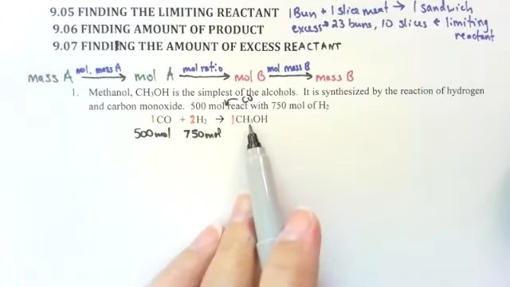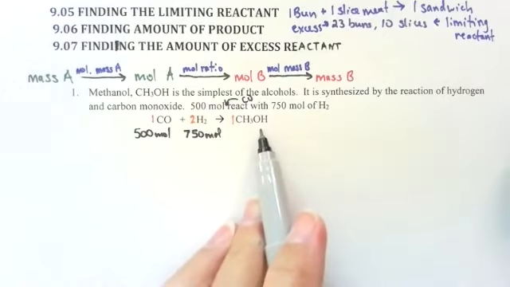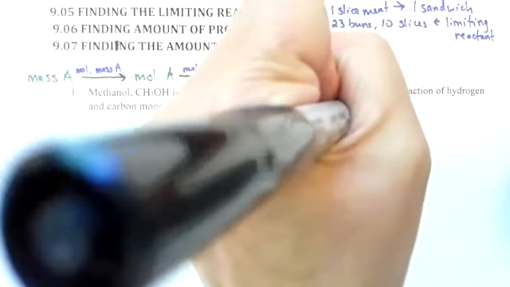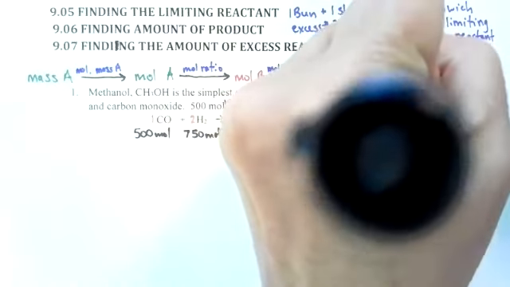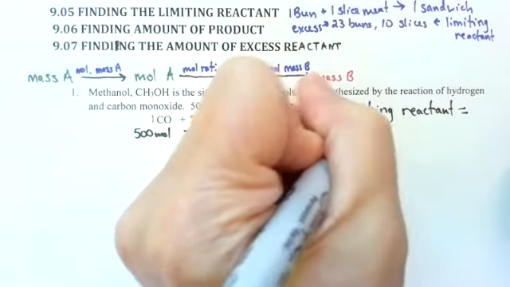It's going to be the reactant that I run out of first as I'm making this methanol. So when you're doing limiting reactant problems, we're going to do this with 2 calculations. You have to do 2 calculations.